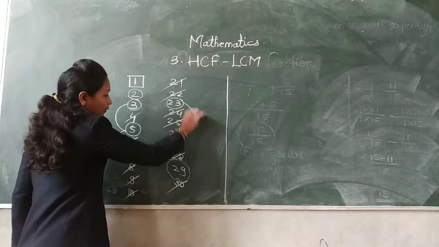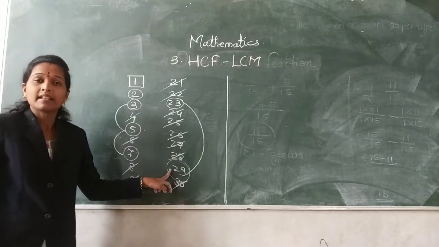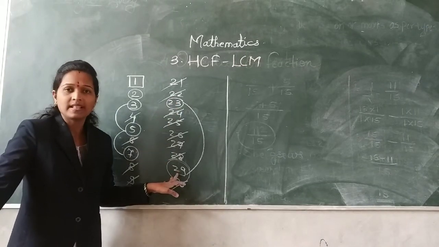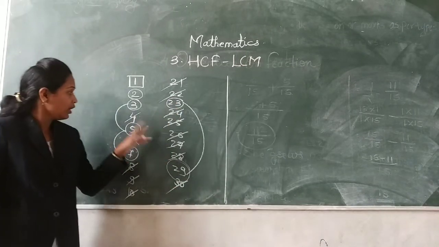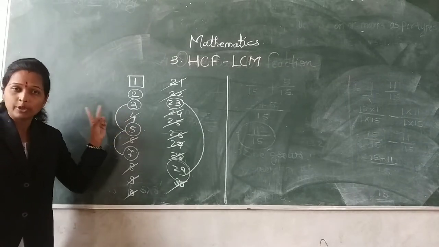If you observe, there is a difference of 6 between 23 and 29, so this is not a twin prime pair. A twin prime pair has a difference of only 2.